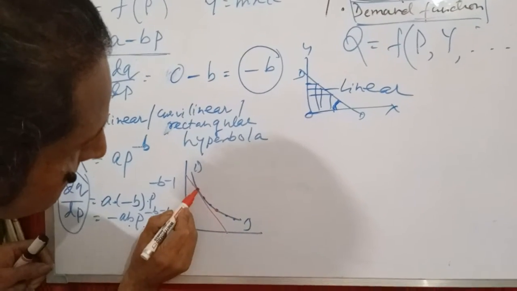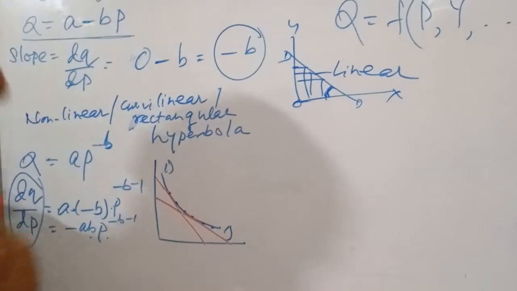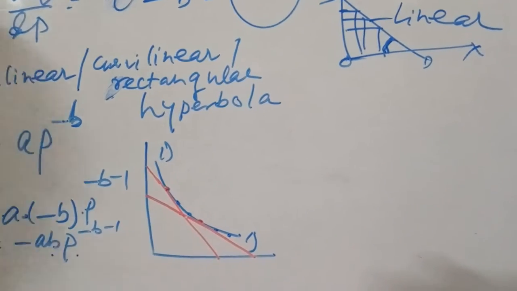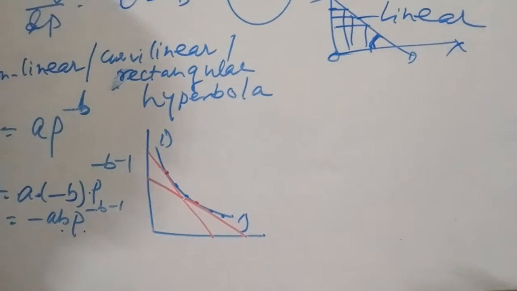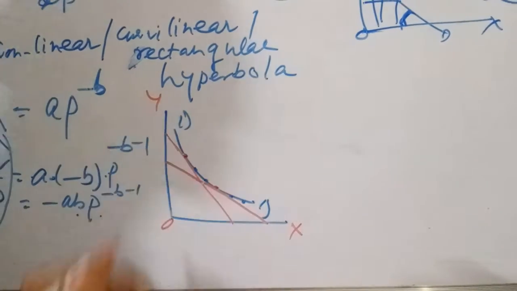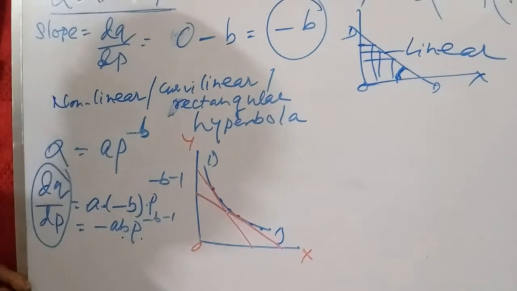At this point, this will be the slope. That is, the slope of the demand curve at a point, when the demand curve is non-linear, is found out by drawing a tangent at that point.